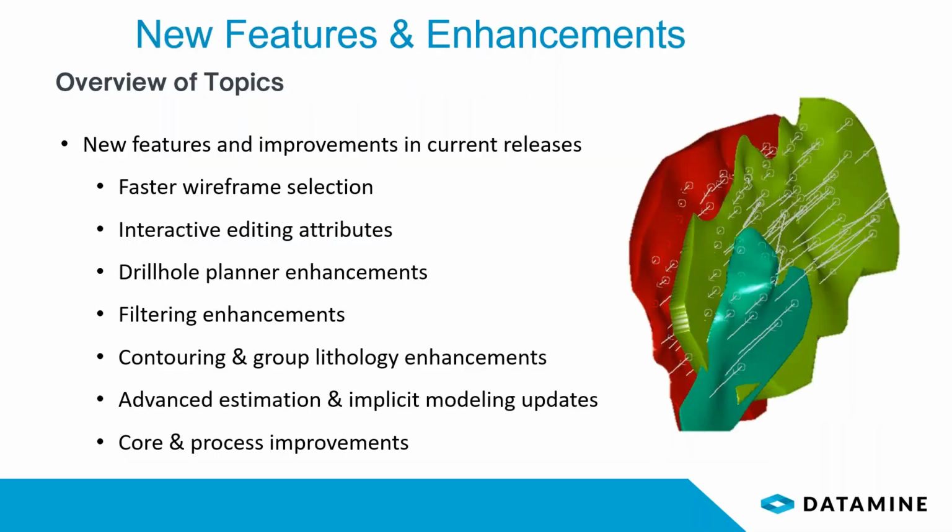So these are some of the big ticket items, I guess. The faster wireframe selection. So if you use SELWF or WFCODE, they've been significantly improved in speed. As part of the swipe selection that I mentioned, we've got interactive editing of attributes and the assign and group pathology commands.